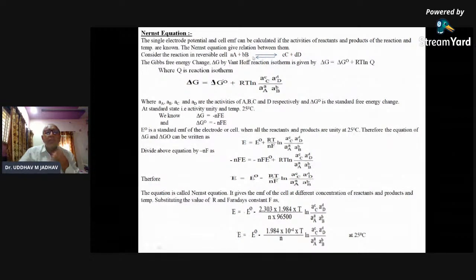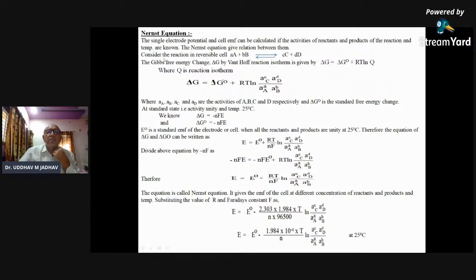By having the knowledge of the activity or concentration, it is possible to derive an equation for the EMF of a cell, and calculate the single electrode potential or the cell potential.